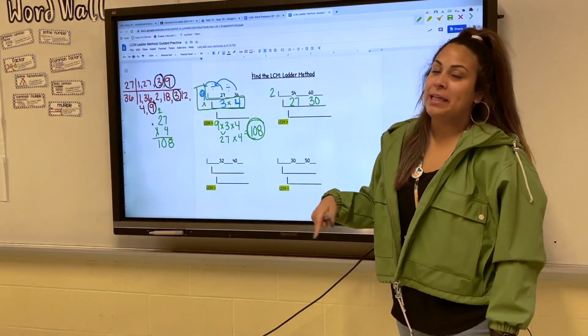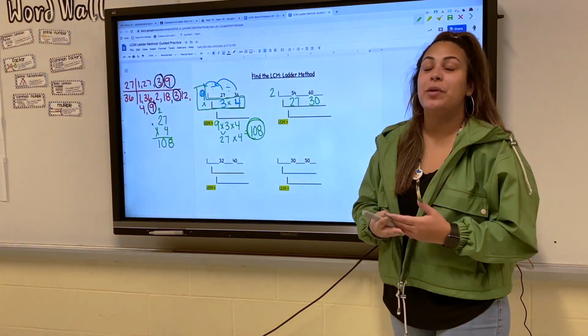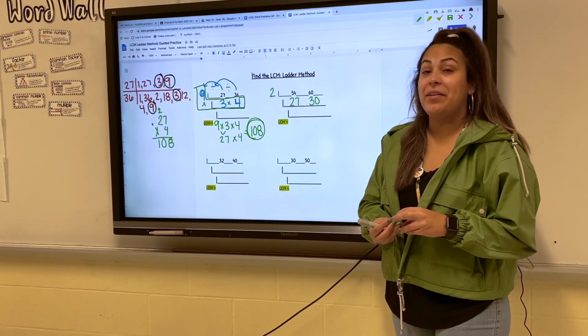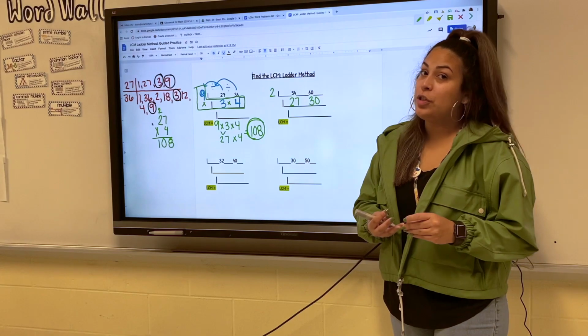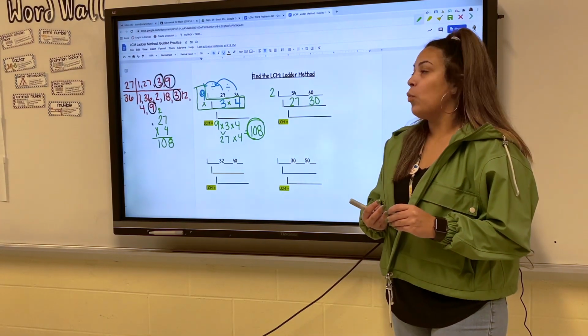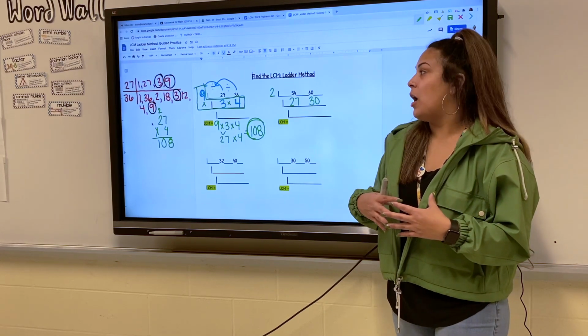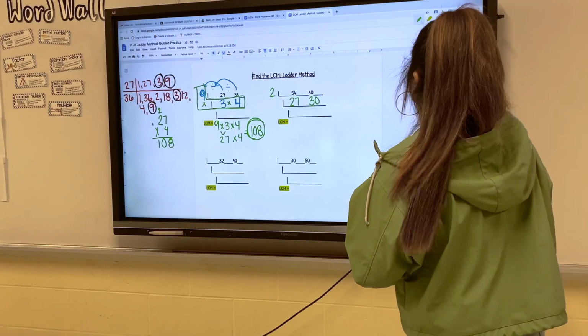Now we're in the same predicament like we were in the last problem. Both of these numbers are not even, so I can't just divide by 2, and they both don't end in 0, and one of them doesn't end in 5. So I can't use any of those tricks. This is the type of situation where I have to do another factor table.